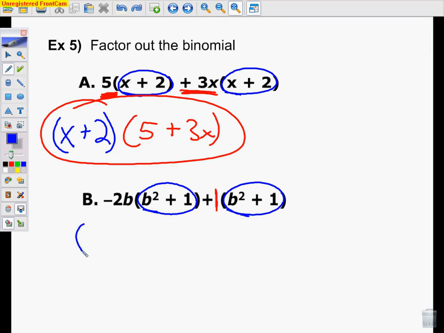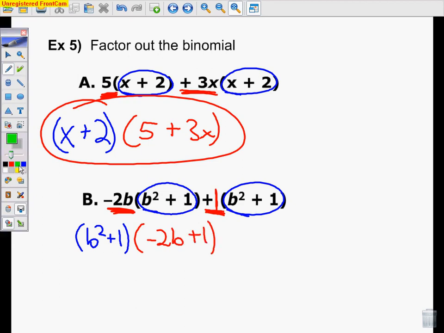When you factor out that b squared plus 1, what's left on the inside is a negative 2b and a positive 1. So we have negative 2b plus 1. And there's your answer: b squared plus 1 times negative 2b plus 1.